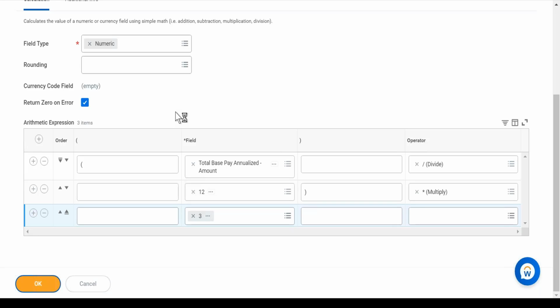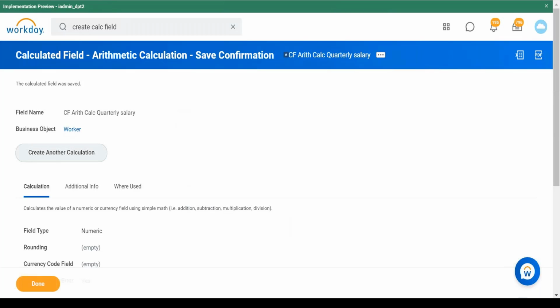Okay. Now our next function here is count related instances. Sum related instances and count related instances are both very similar. So suppose in Workday, you have to count a particular set of instances based on a particular criteria.